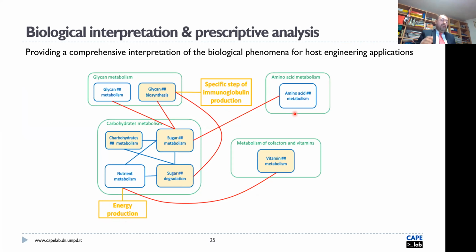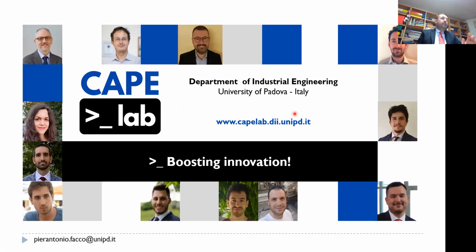So, for example, finding the optimal strategies for feeding, or finding the optimal process parameters in such a way as to deal with cell lines with specific metabolic features, or even try to modify the cell to be more robust to the process variability.